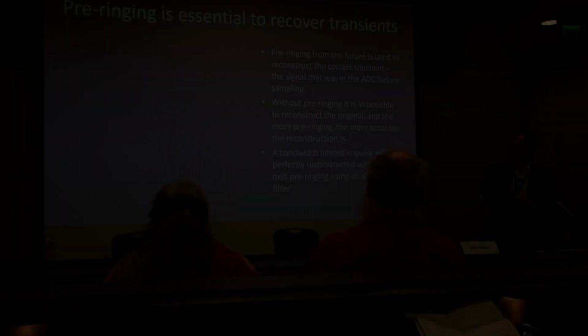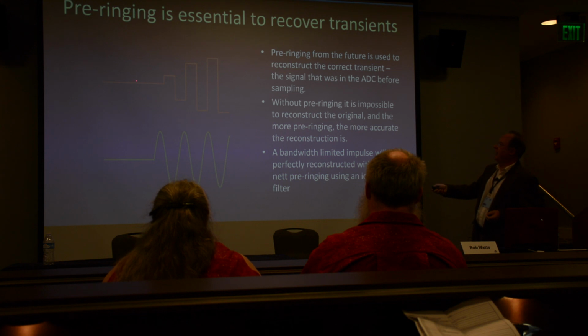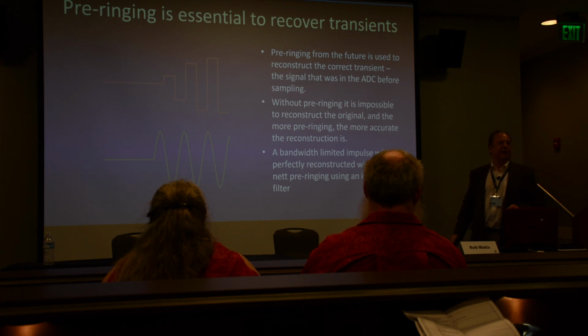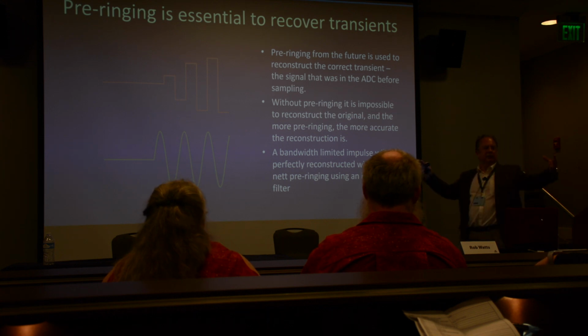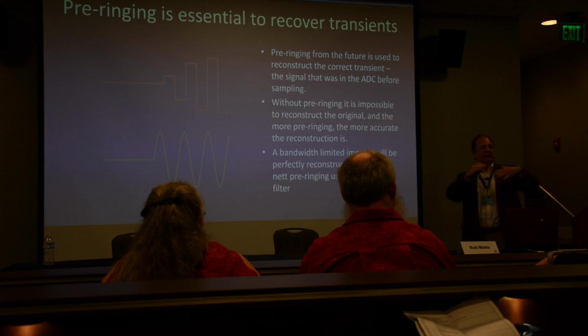So how do we manage to reconstruct? The digital data here is zero, but we actually managed to reconstruct this part of the sine wave. And how does it manage to do that? What actually happens is every single piece of data here creates its own impulse response, and you have the little pre-ringing, and the pre-ringing adds and subtracts with all the other pieces of information.